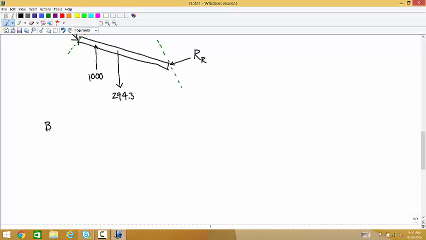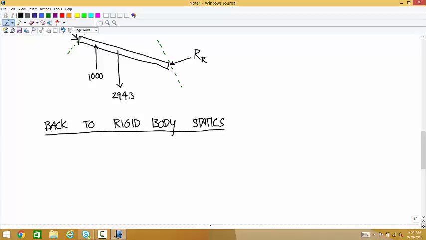So, back to rigid body statics. We did one 3D rigid body statics problem, but we didn't start with it in its natural environment.